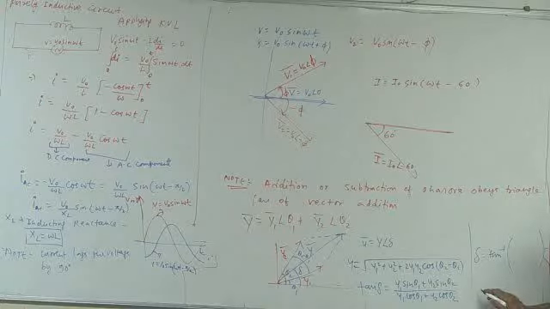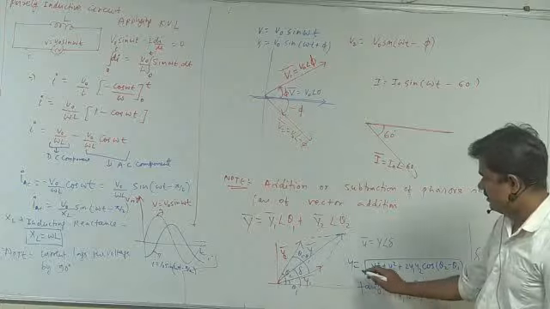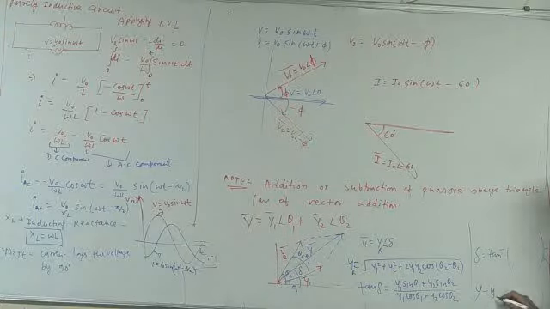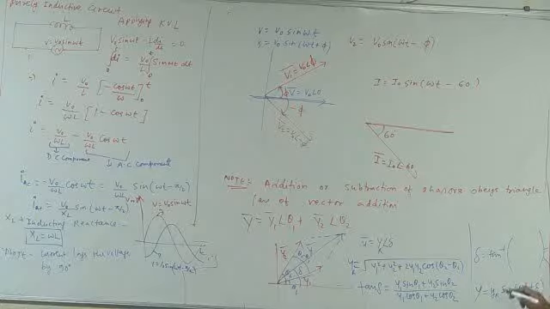So what is y? y will be the resultant that we have got here. Let's say y r. I am saying it as a. So y r sine of omega t plus delta. Understood? Is that clear?